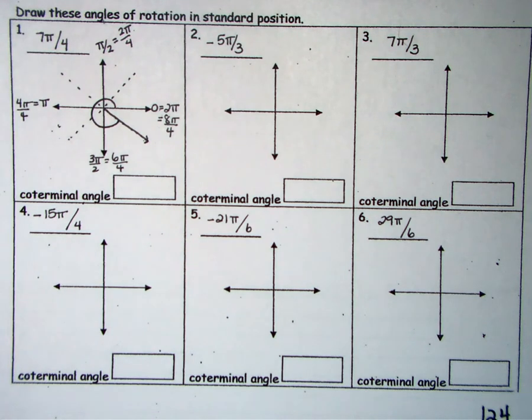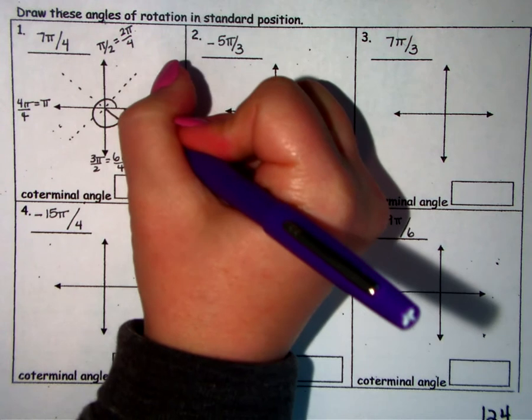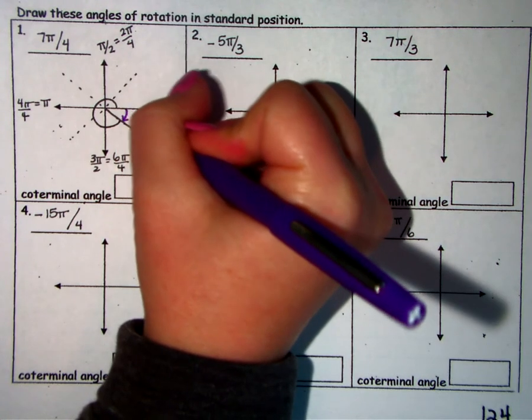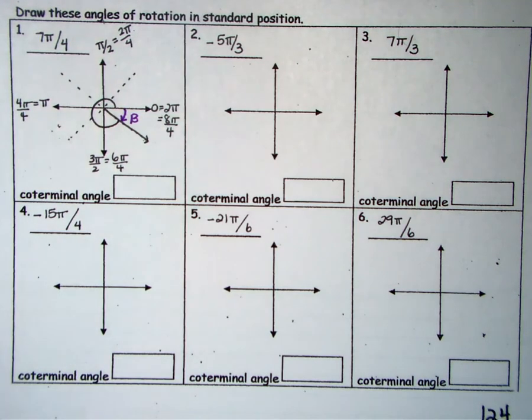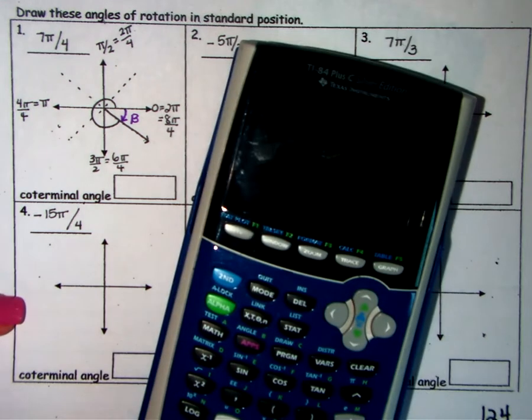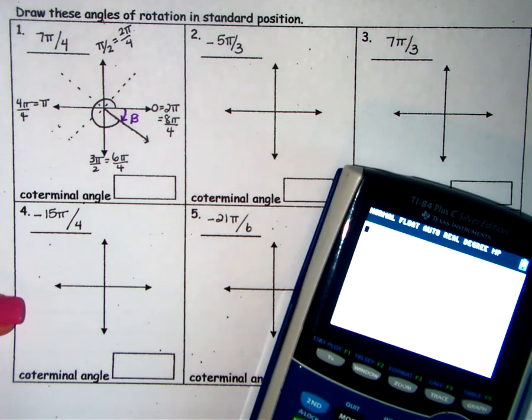So a coterminal angle to 7 pi over 4 would be, say, this angle right here, where we are starting at 0 and going in a negative direction. One thing is being able to look at the difference between these two values.